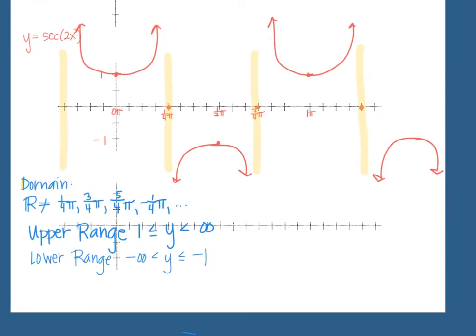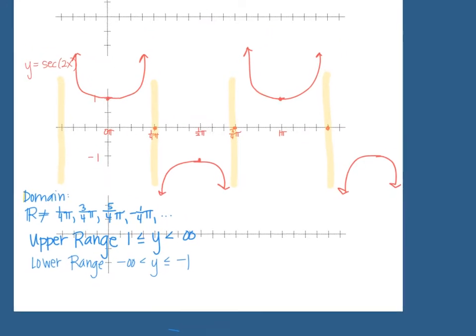Now it is possible to shift these graphs side to side or up or down. It's also possible to reflect them. If there's a negative, then the 5 original dots are reflected upside down. Or if there's a shift side to side, those 5 original dots are shifted side to side or up or down.